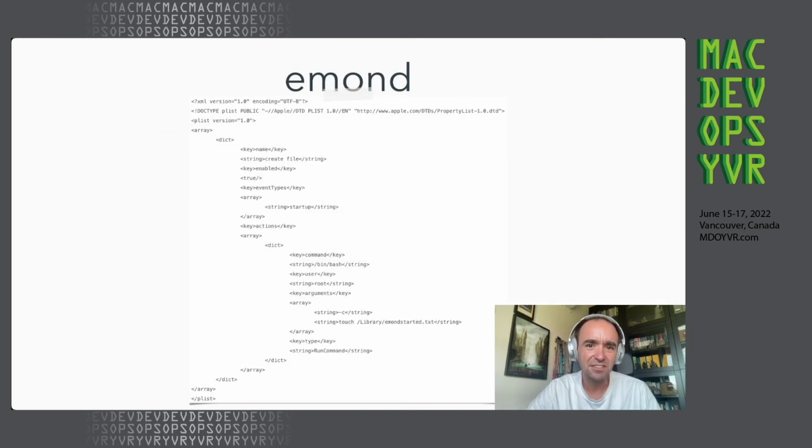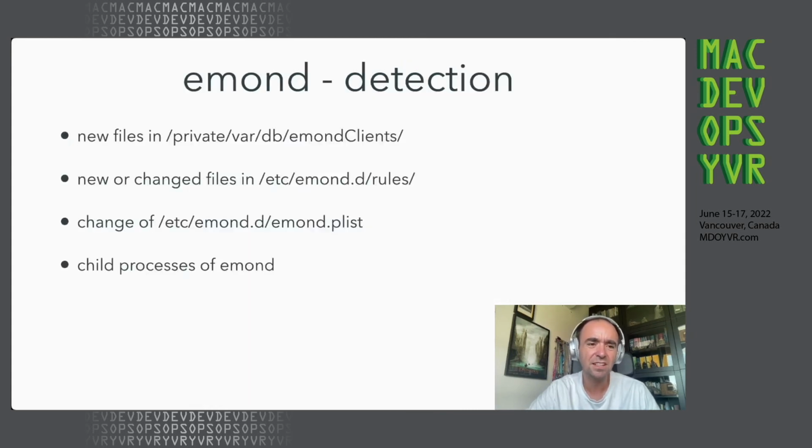This is an example rule which allows the execution of a bash script, and basically it looks for the event type startup. So whenever emond is launched, it will execute the bash script defined in this plist file. Detection, I don't think that this is a widely used service nowadays.